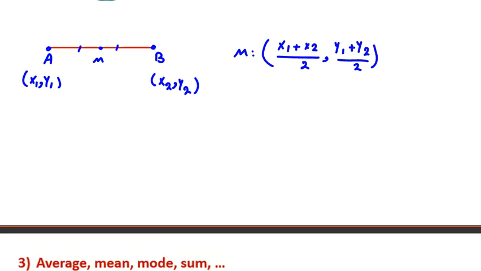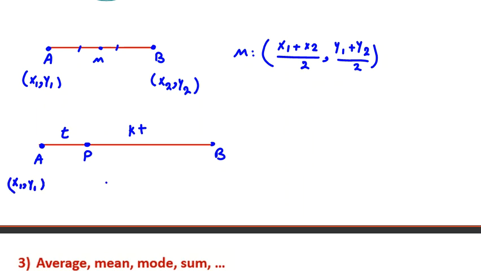And the next part, sometimes a general case of this. For example, we have A and B here, and we have a point P. That this one, for example, is t, this one is kt, and it is (x1, y1), (x2, y2).